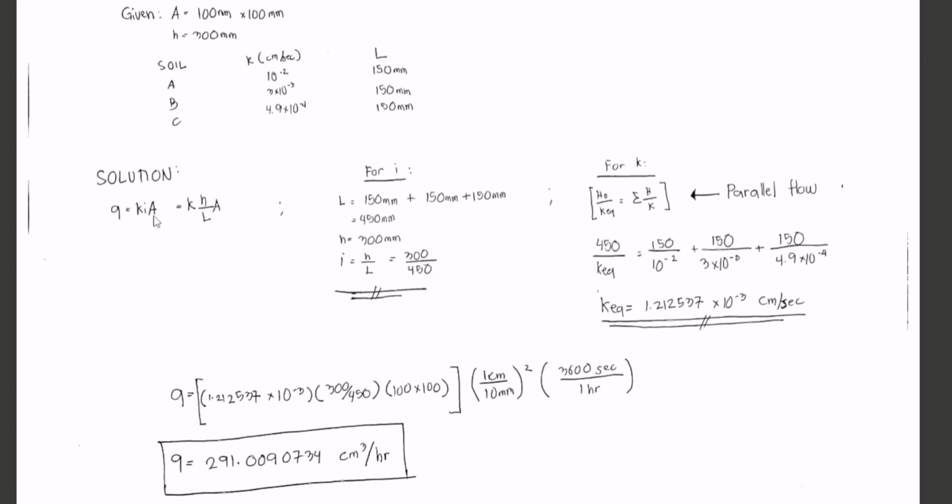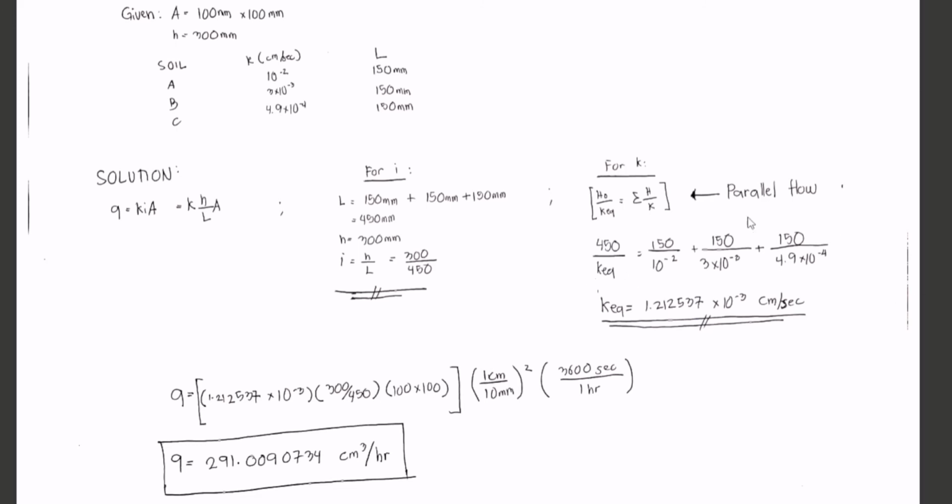Ngayon, hanapin natin yung coefficient of permeability K natin. Meron tayong special na formula para dito, which is H over the equivalent coefficient of permeability is equals to the summation of H over coefficient of permeability na given sa bawat soil sample.